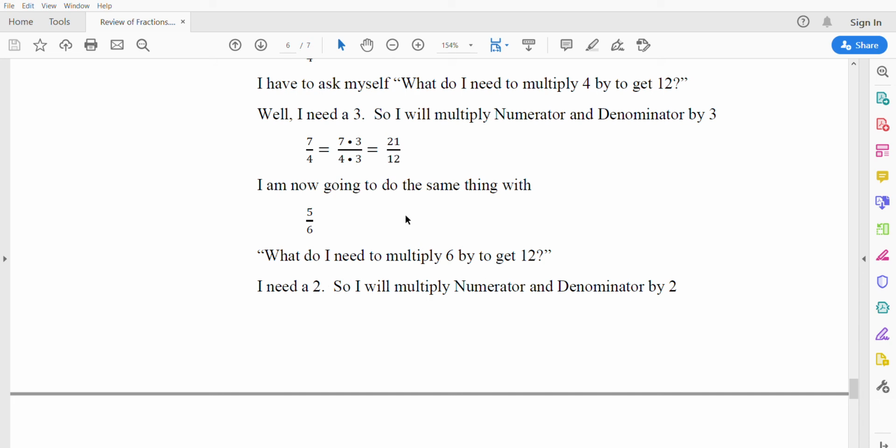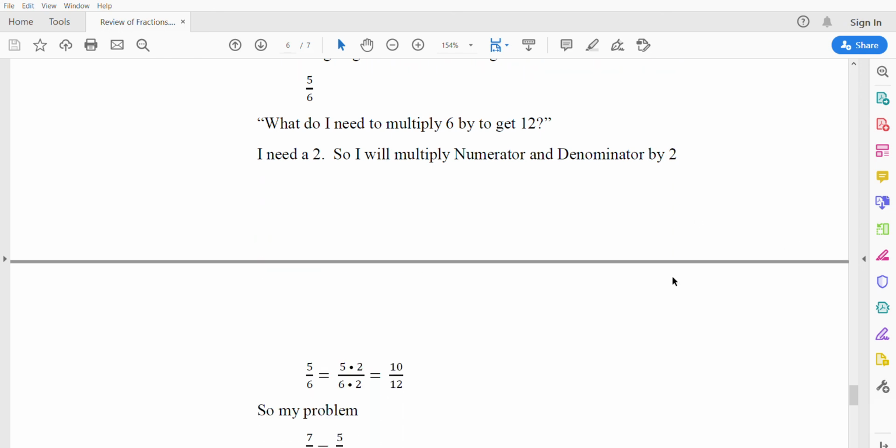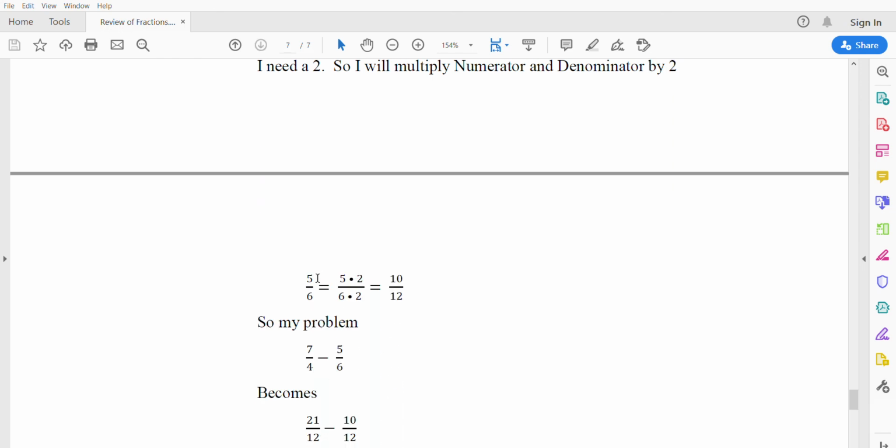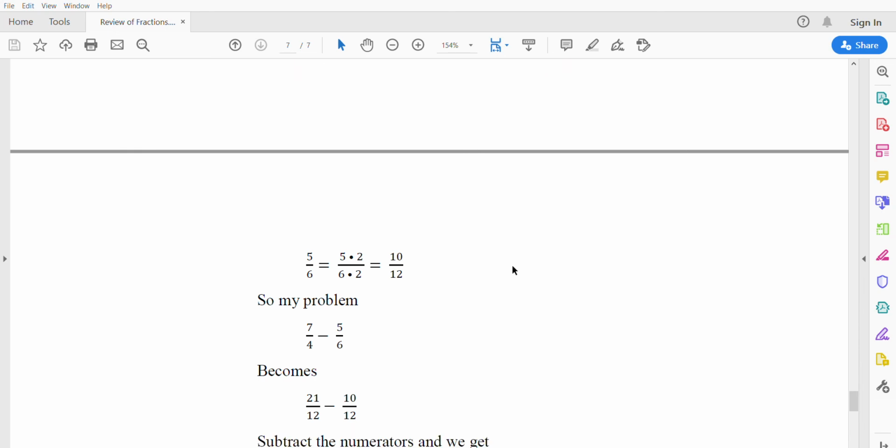So I will multiply the numerator, the top number, and the denominator, the bottom number, by 2. Taking the top number 5, multiplying that by 2, and the bottom number 6, multiplying that by 2, 5 times 2 is 10, 6 times 2 is 12. So that converts 5 over 6 into 10 over 12.